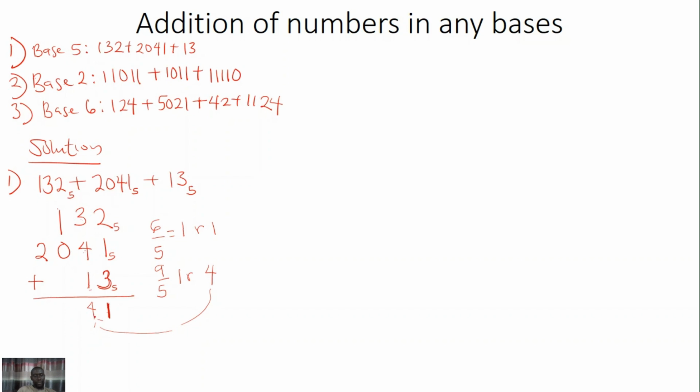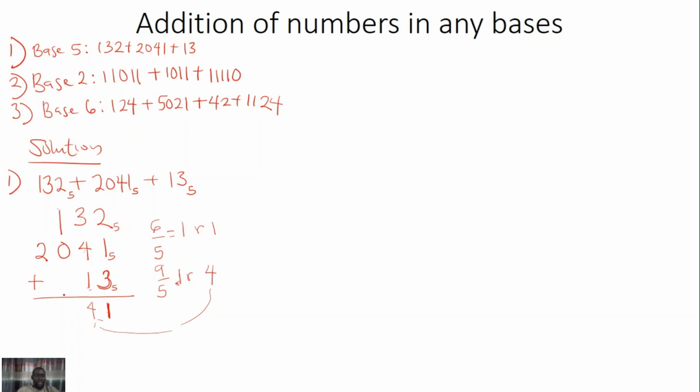Now we'll go to the next column. We are going to carry the 1 here, which is the number of times that 5 goes into 9 from our previous calculation, and add it to the next column. So 1 plus 1, that is 2, plus 0, that is 2.